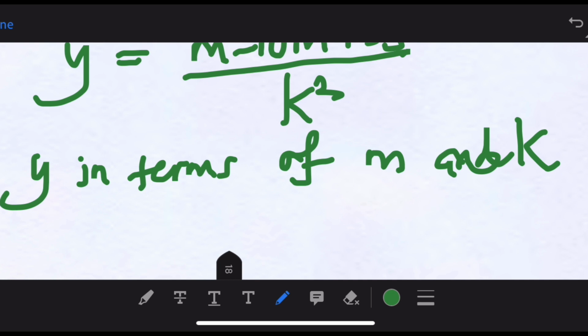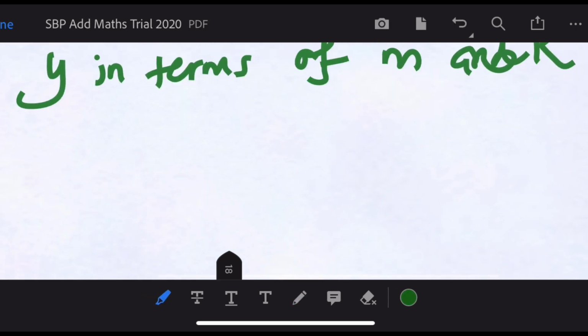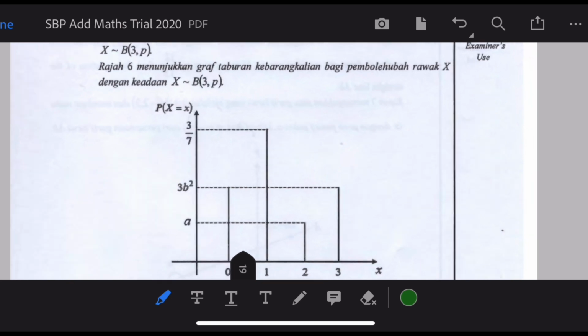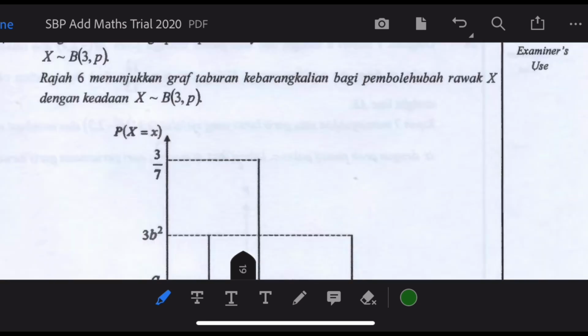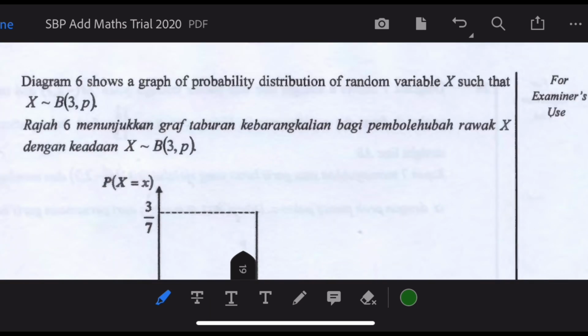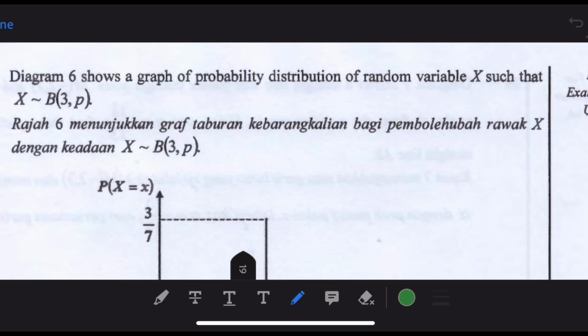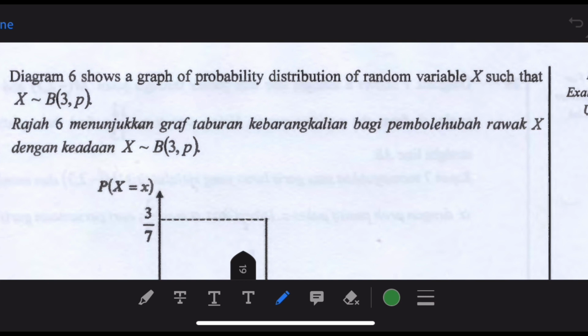Okay, then next question will be, okay, this is actually about the probability distribution, but it is a binomial distribution. So we just discuss the normal distribution, which is a bell shape. Now we'll discuss the binomial distribution.